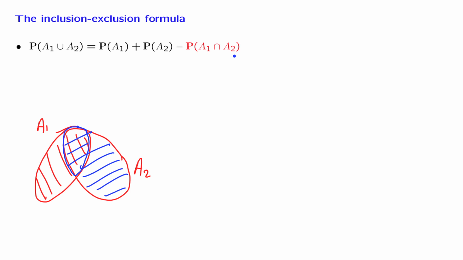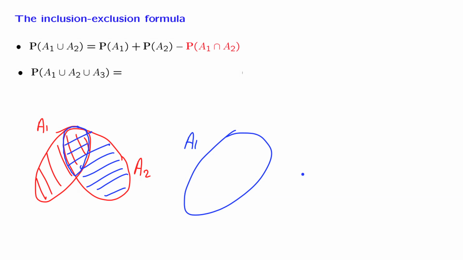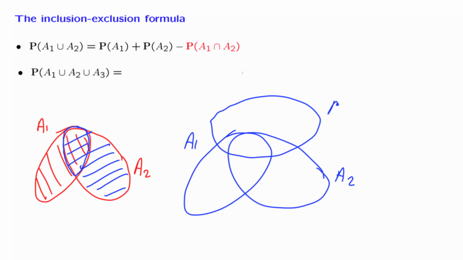Can we generalize this thinking, let's say, to the case of three events? Suppose that we have three events, A1, A2, and A3. And we want to calculate the probability of their union. We first start by adding the probabilities of the different sets.